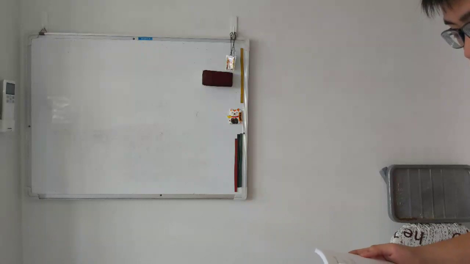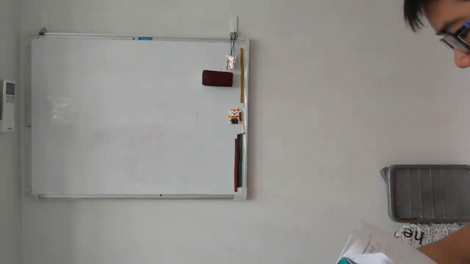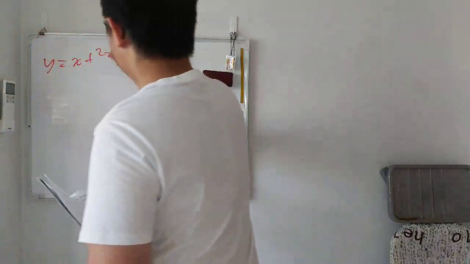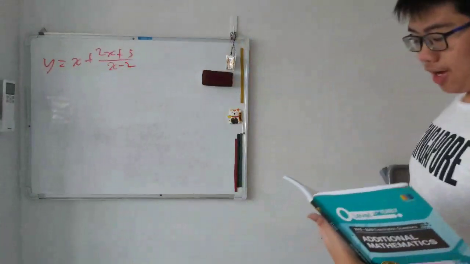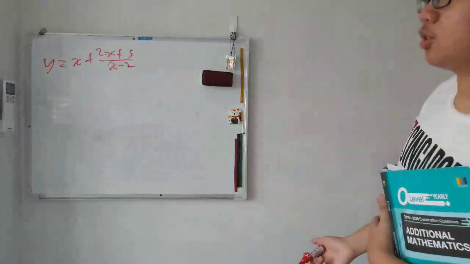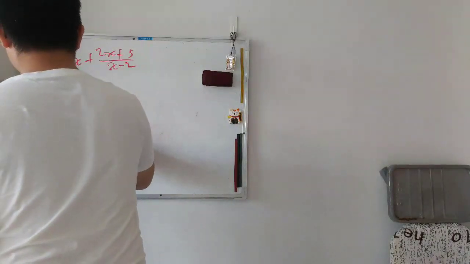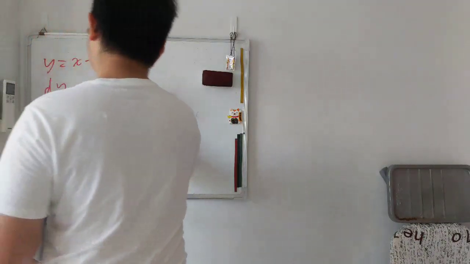Question 8. The equation of a curve is y equals to x plus 2x plus 5 over x minus 2. So y equals to x plus 2x plus 5 over x minus 2. Okay, find dy dx and d squared y over dx squared. This is easy. dy dx is equal to, this is just 1, right? 1 plus, okay.